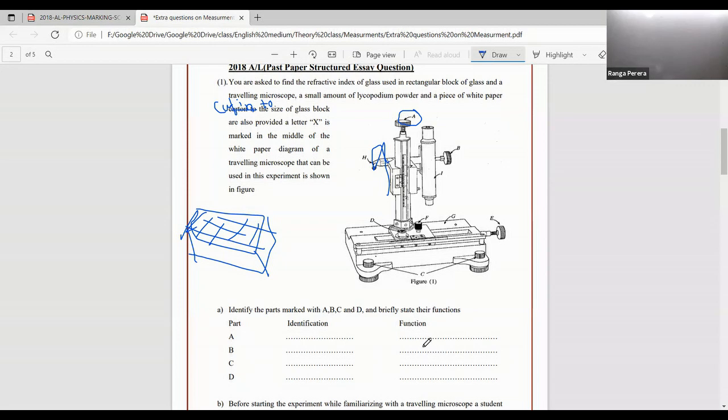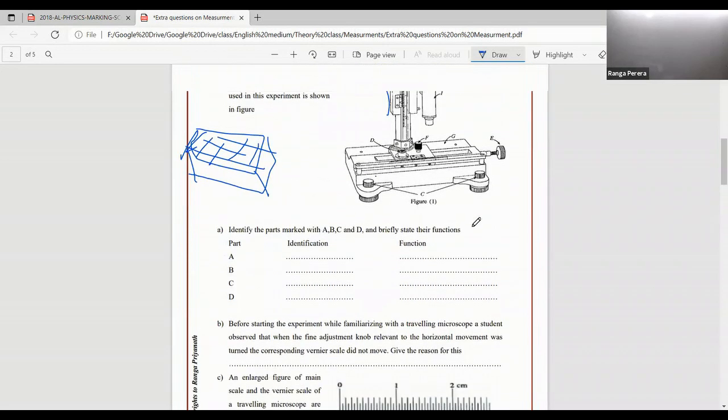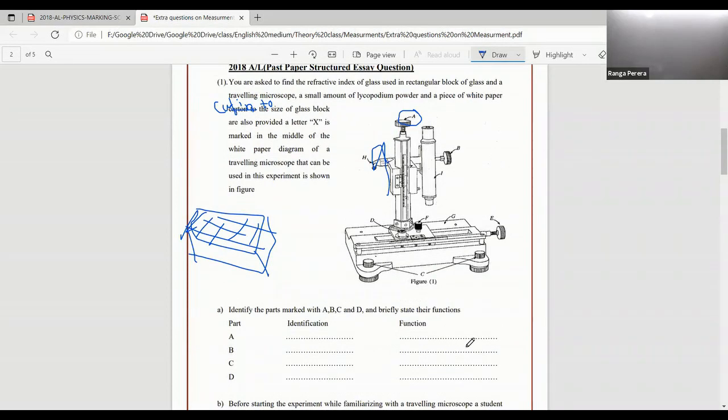You just write under the function: to perform the fine adjustment in a vertical direction. So you may have different answers, don't worry, but the idea must be there: to perform the fine adjustment in a vertical direction.